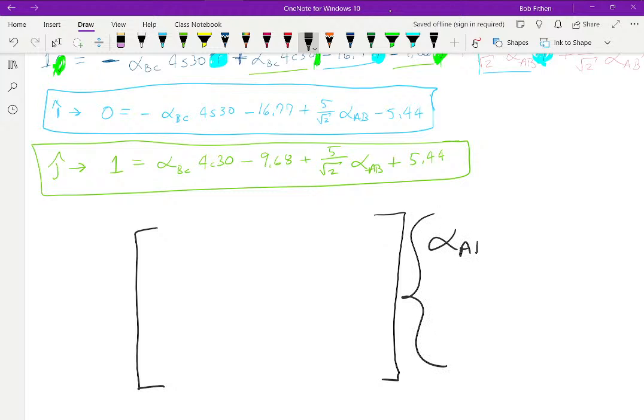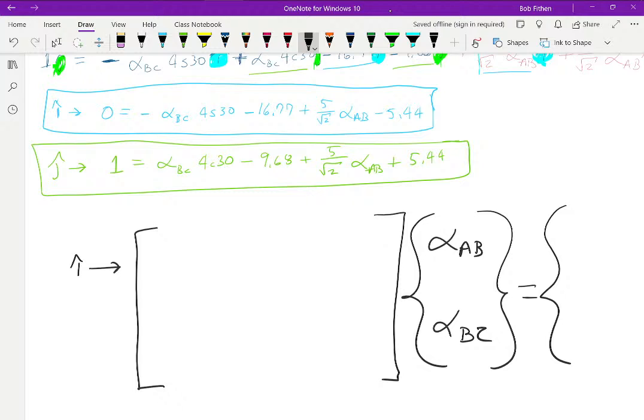Alpha AB and alpha BC. So there's got to be a right-hand side to this as well. Okay, let's look at all the coefficients in the I equation, the blue equation, that are associated with alpha AB. It would only be 5 over square root of 2.